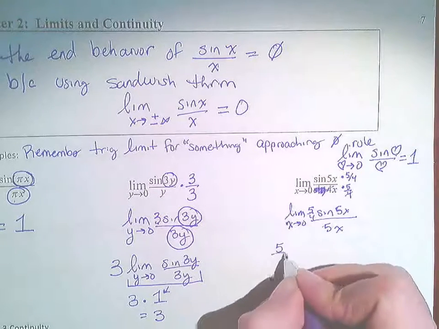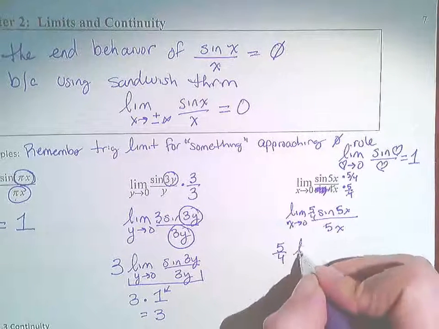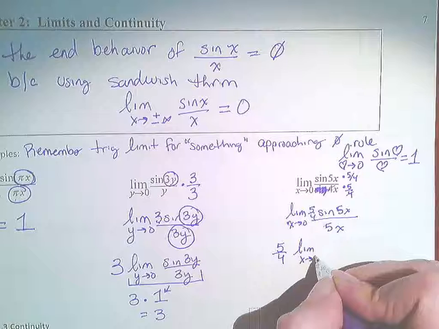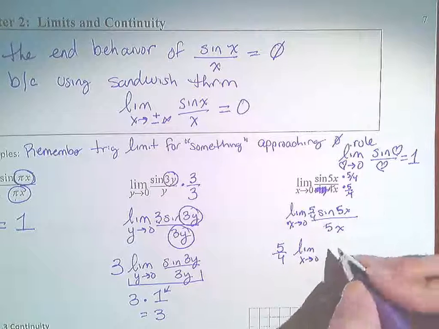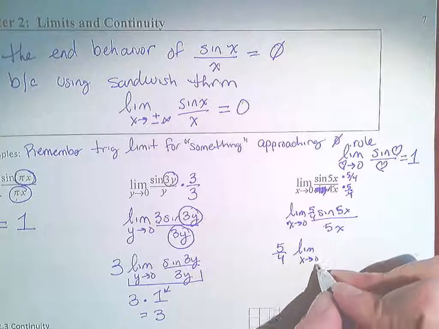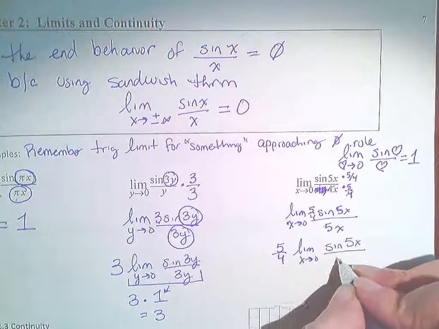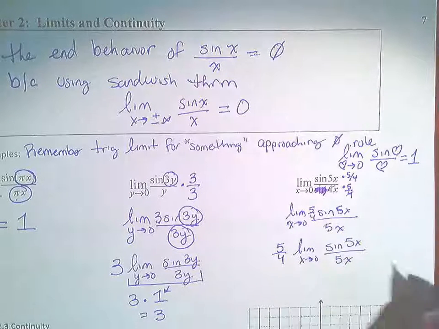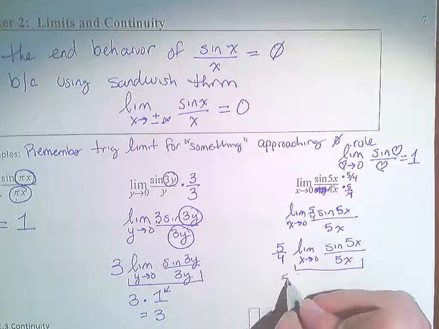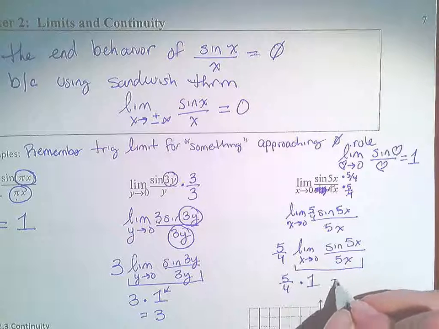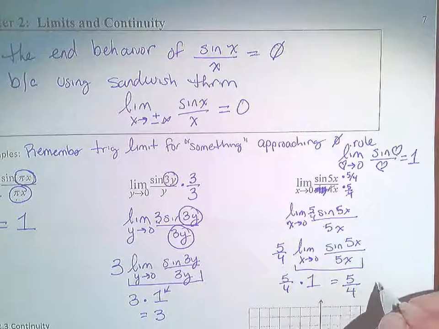So now the 5/4 comes out. And based on the trig limit rule, as x approaches 0 of the sine of something over that same something is equal to 1. So 5/4 times 1 is 5/4.